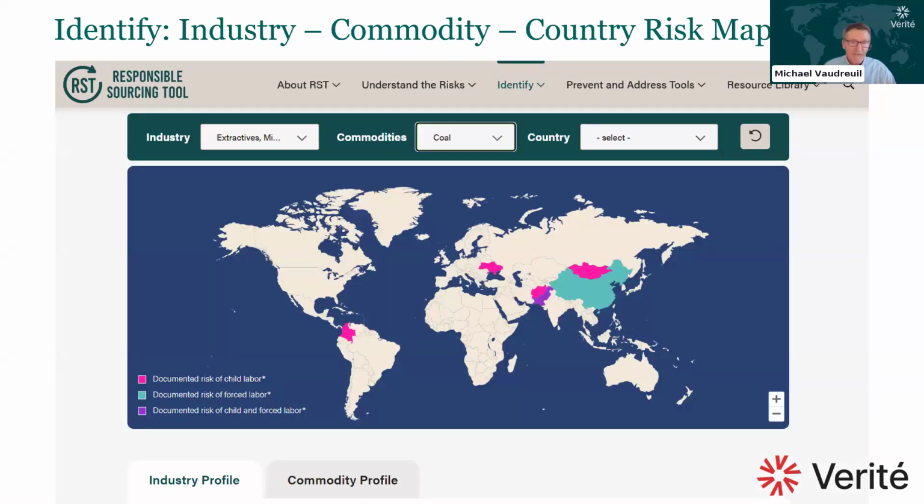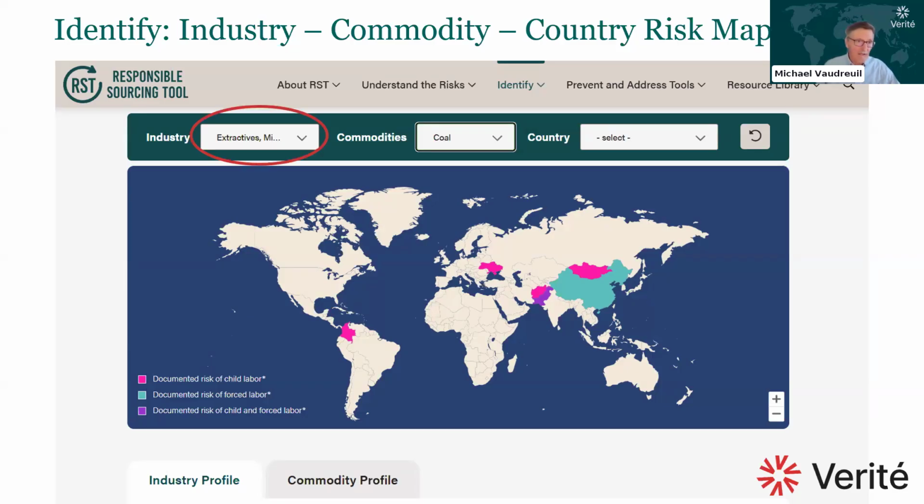Identify has a set of risk maps now that can help any organization understand how human trafficking is linked to where they operate, what they procure, and the commodity specific issues. So let's take a quick look at this and how you would get into it.